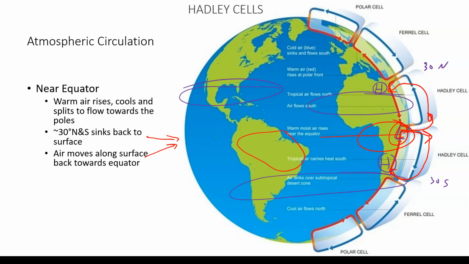So the great deserts, the Sahara Desert in Africa, the Mojave Desert in North America, the Atacama Desert in South America, really dry places are relatively close to where we have those sinking cells of air, which reduces precipitation.